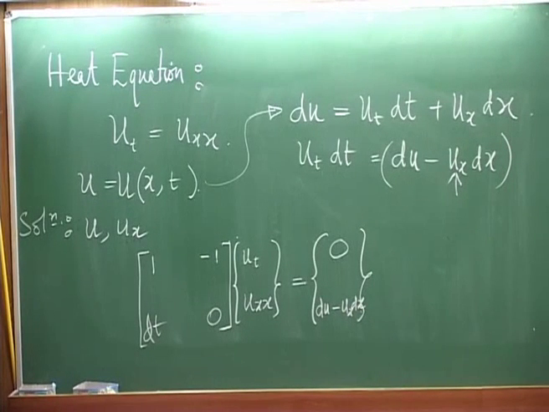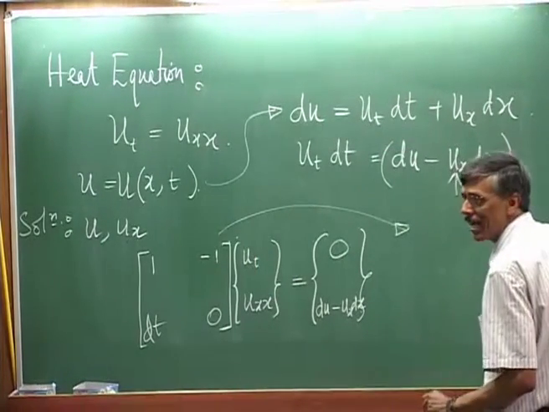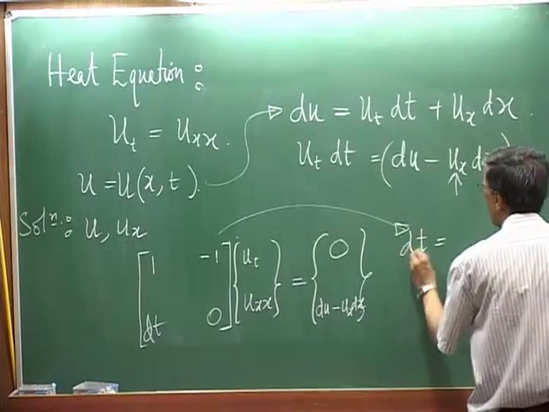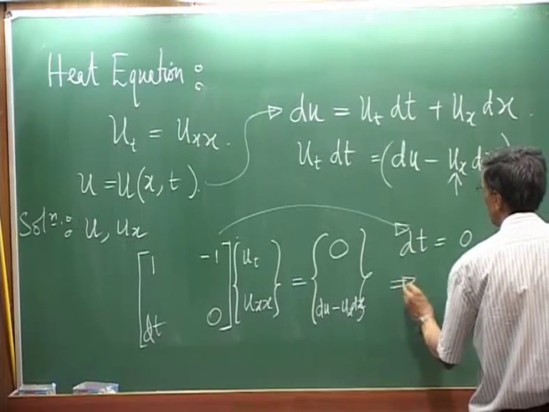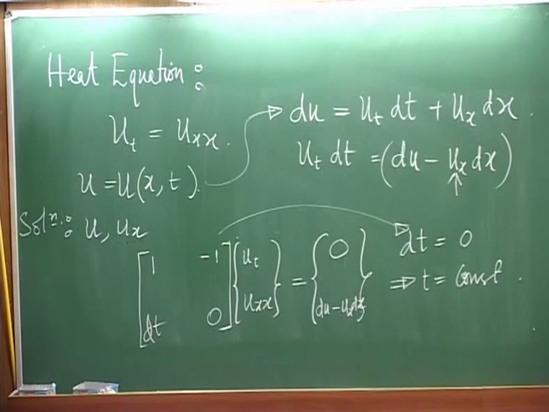And it is very easy for you to tell me that the characteristic direction is given by dt equal to 0, and that corresponds to t equal to constant. Okay. So, basically then the solution that we look at would be plotted in the x t plane.